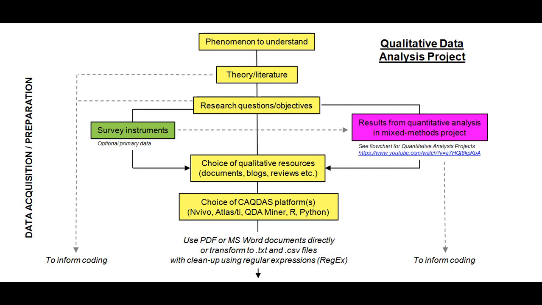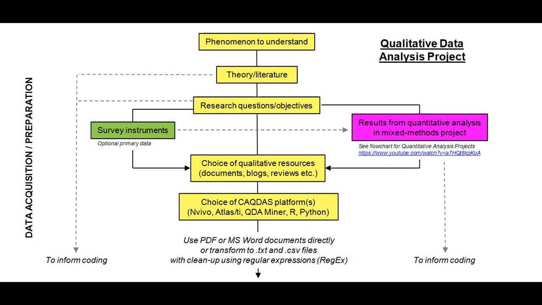In a mixed methods project, involving both quantitative and qualitative approaches, a survey may contribute data to the quantitative analysis, for example, closed response questionnaire, as well as free text open-ended questions that are qualitative data.